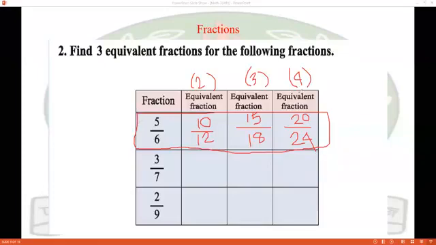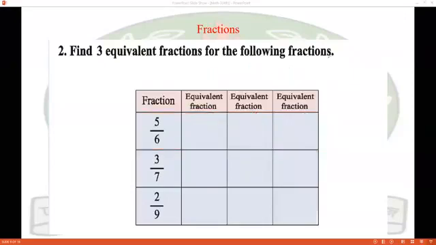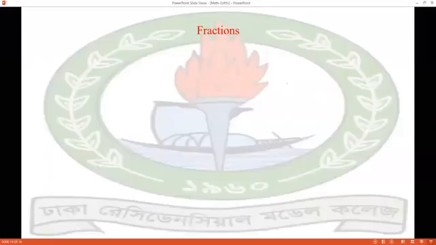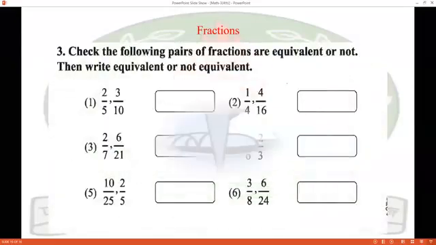In this way, you can find the equivalent fraction of any fraction by simply multiplying the numerator and denominator by a common number. The second and third ones you can practice on your own.